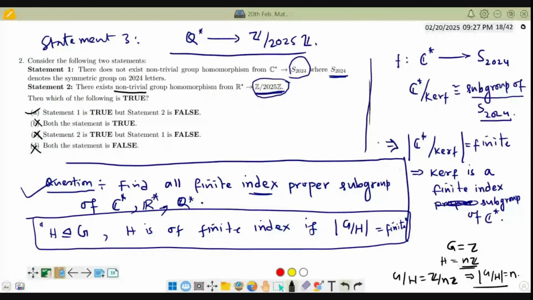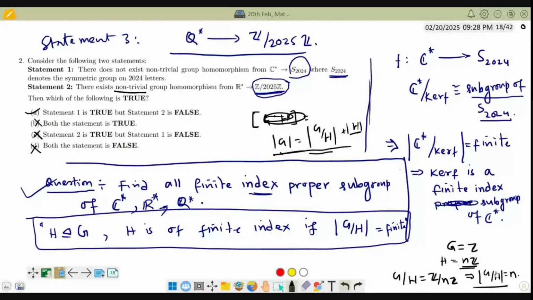You are talking about the index of H in G, and for this we have that formula, but you need the cardinalities of G and H to be finite. If the cardinalities of G and H are finite, then the quotient is finite.